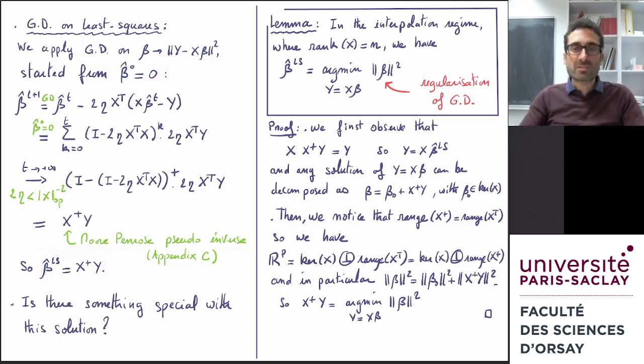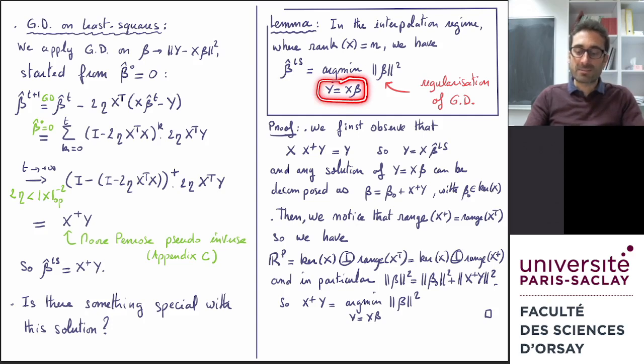Now the question is: is there anything special with this solution? Does it have some nice or bad properties? It turns out that this solution is very special and has a very nice property. When you are in the interpolation regime, I remind you that it means that the rank of x is equal to n, then this solution is interpolating, because in this case you have solutions that interpolate the data.